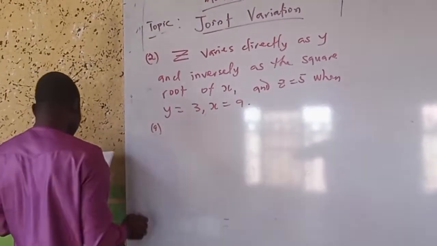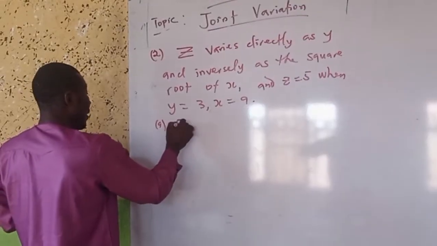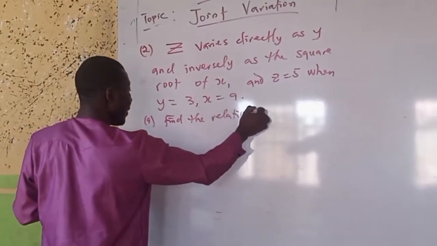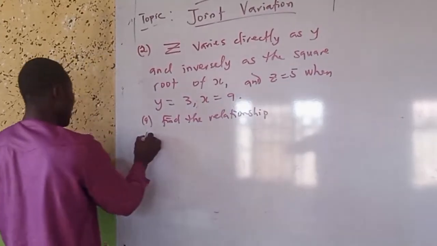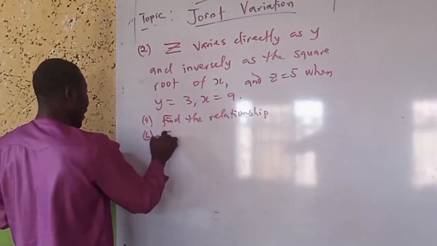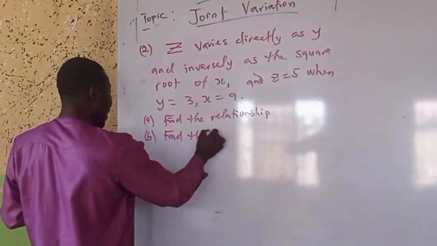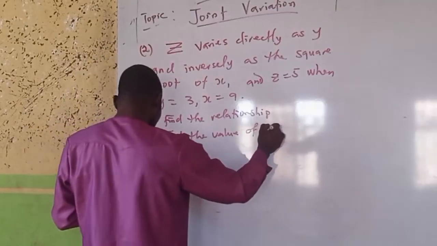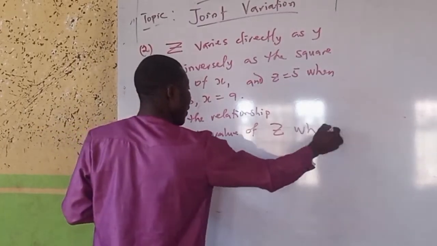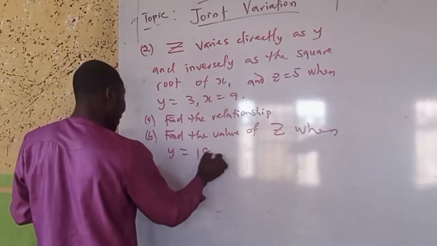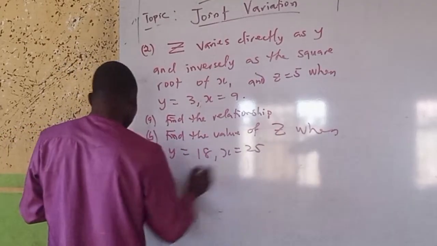The first question says that we should find the relationship. The second question says that we should find the value of z when y equals 18 and x equals 25.